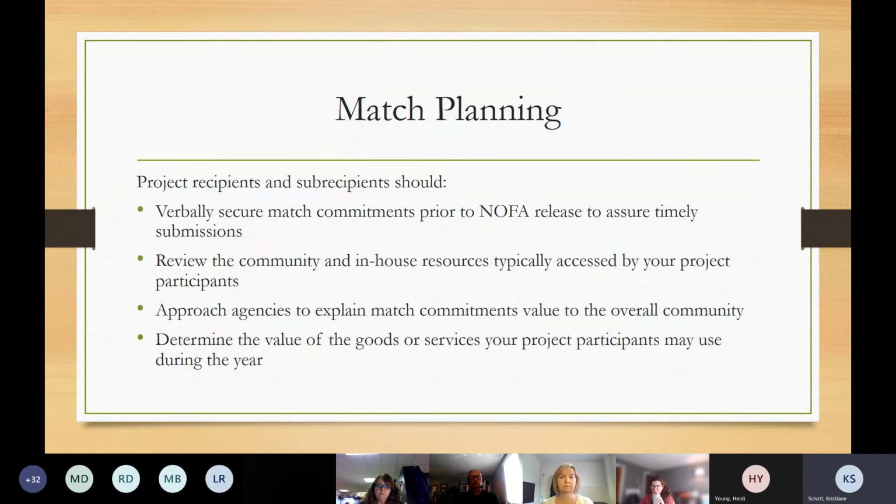We want you to review community and in-house resources, typically accessed by your project participants, to see if they can be utilized as a source of match. And then approach those agencies to explain match commitments and the value to the overall community through those commitments. And then look at how to determine the value of goods or services your project participants may use during the year.